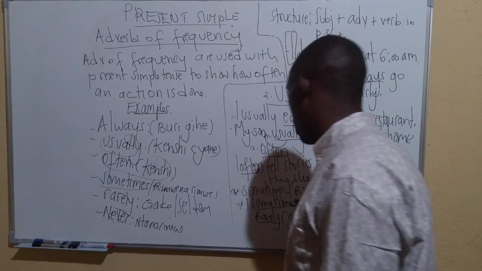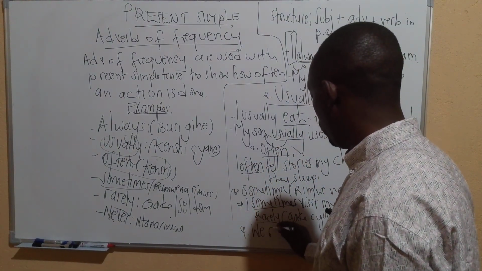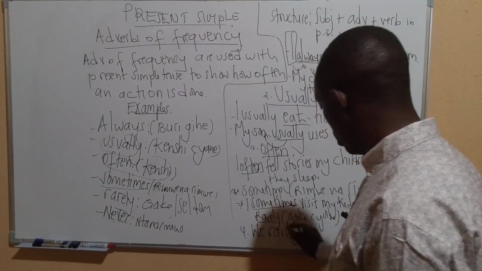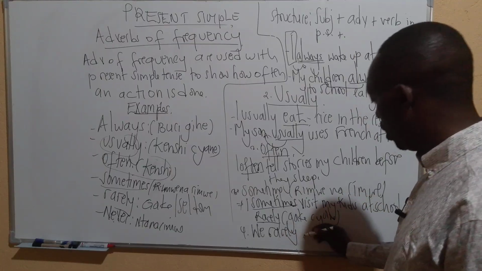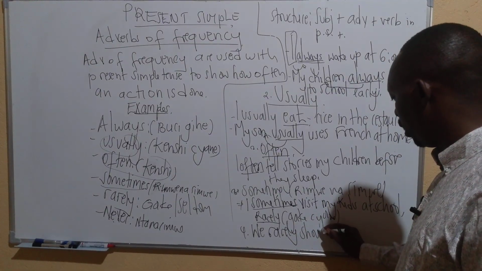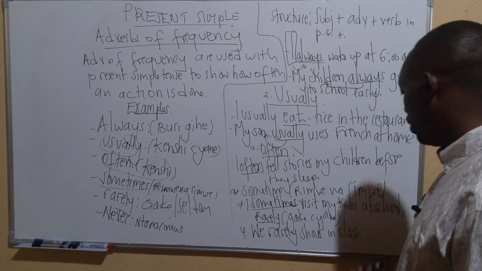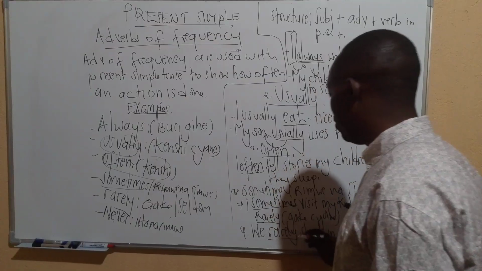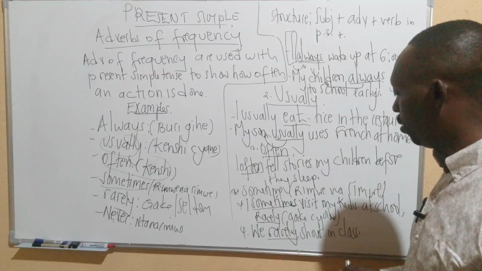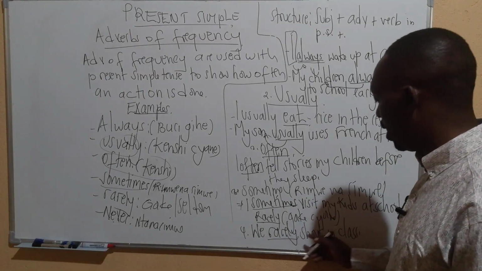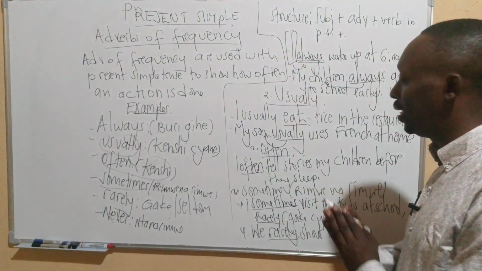You can say, for example, we rarely shout in class. Uvuze ngo we rarely shout in class, this rarely is showing iki gikorwa kiba gake cyane gashoboka. So this is what we mean by rarely. We rarely shout in class. Dusakuza mu ishuri gake cyane.